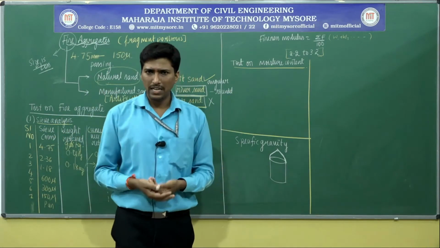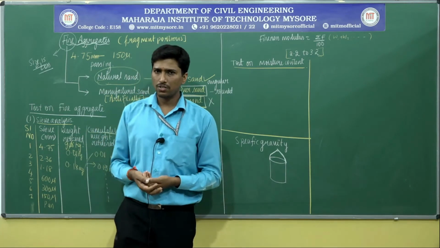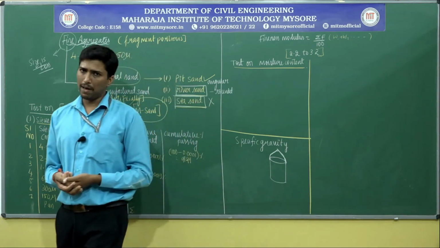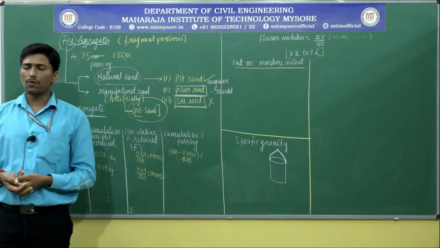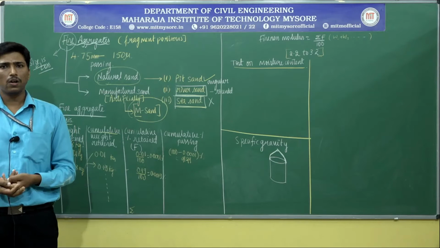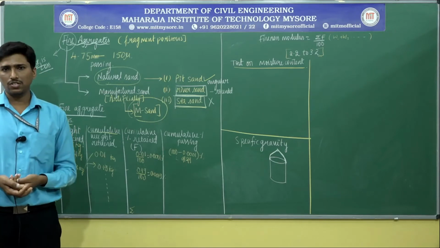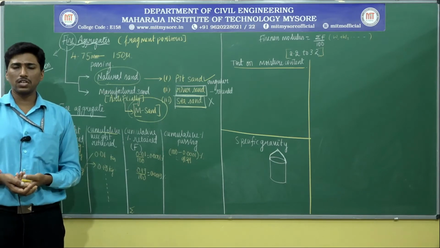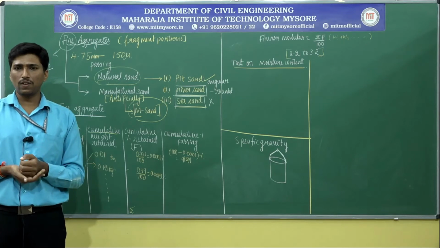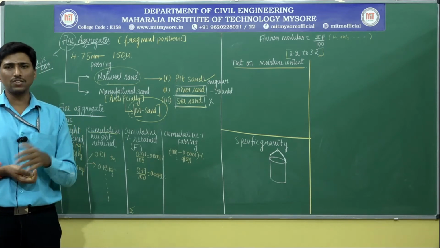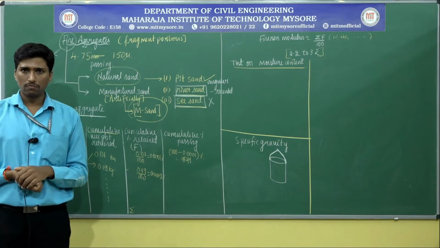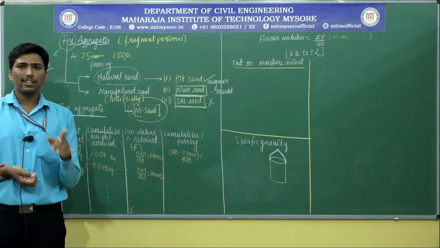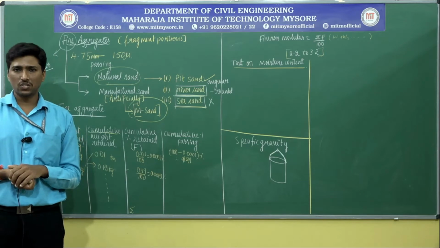The wet sand is taken and the initial weight is determined. Then it is subjected to the next stage, the oven, for heating. After heating, it has to be cooled. Then after cooling, you take the next weight.